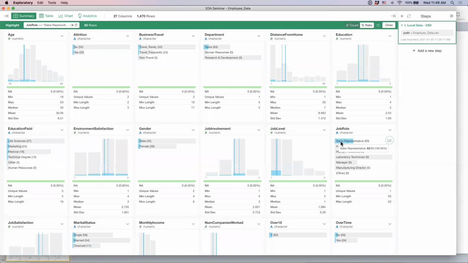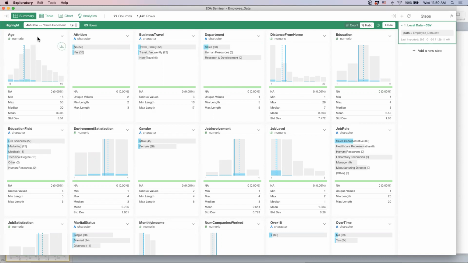So whatever light blue we're seeing represents the sales rep employees. For example, in a department, sales rep is only in the sales department, of course. That means about 20% are sales rep, but in the sales department there are other people, probably sales executives and so on.